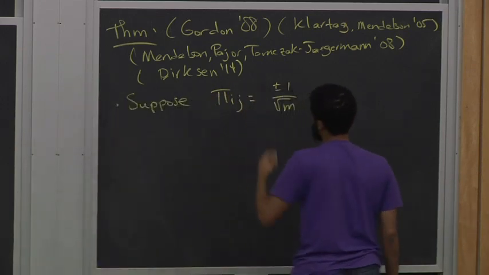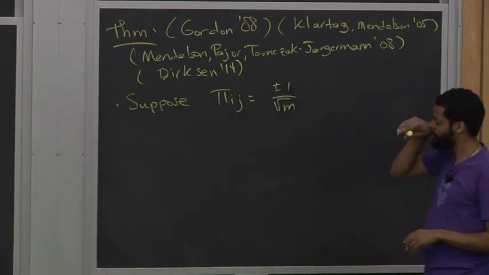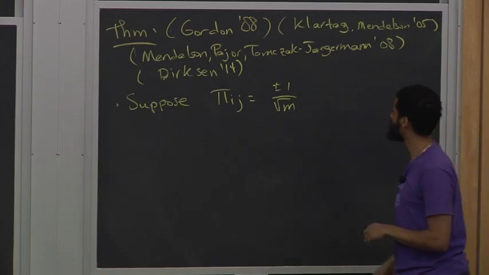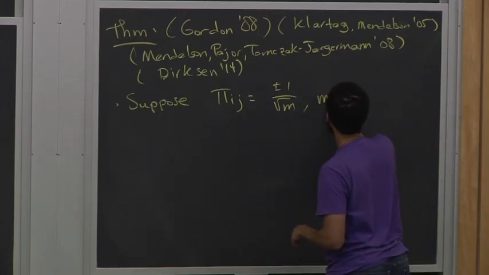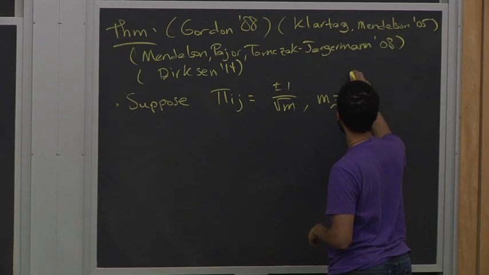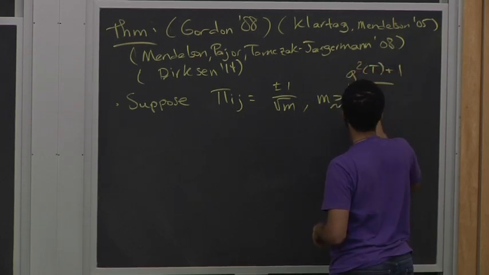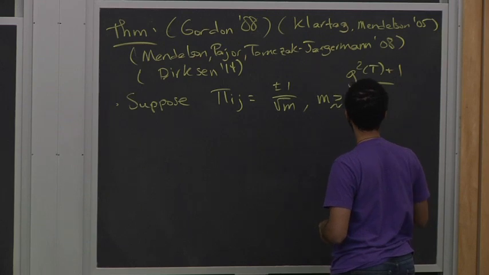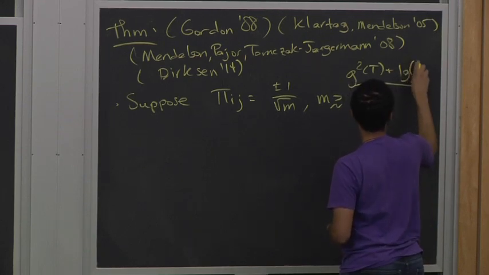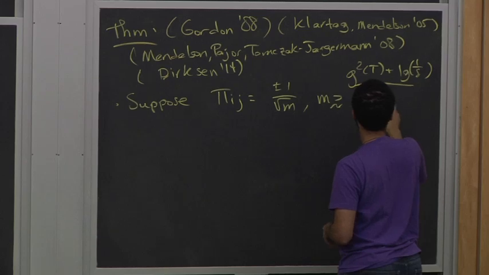Let me just write it down for signs. Suppose that you have pi ij being this, and you have m being at least, let me write it down, then I'll tell you what it means, g squared of T plus 1 over epsilon squared. Actually, let me write plus log 1 over delta over epsilon squared.